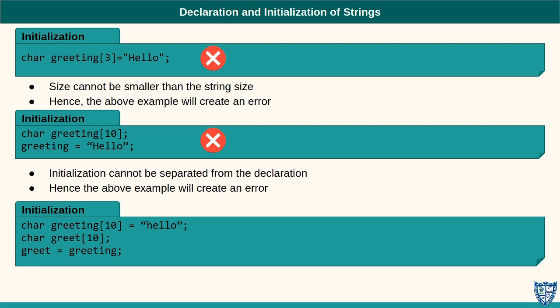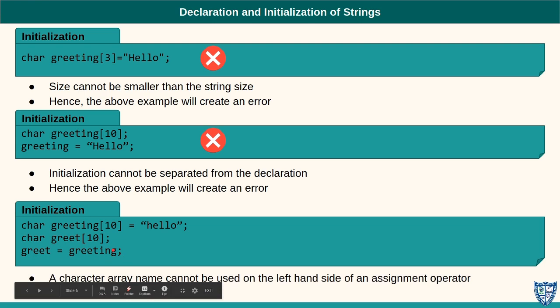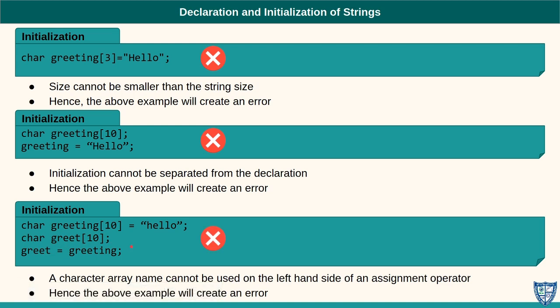But this is not possible for a string, so this will create an error. So the rule is a character array name cannot be used on the left hand side of an assignment operator. So you cannot put a string variable on the left hand side of an equal to or assignment operator. This will create an error. So this is also an error.